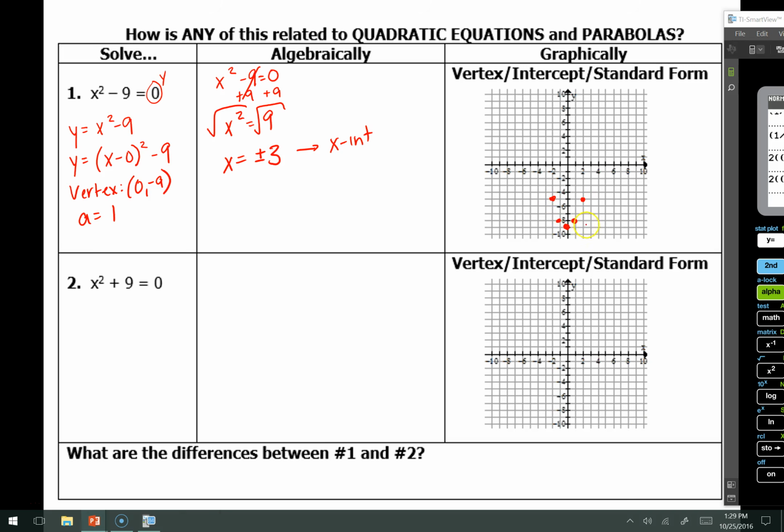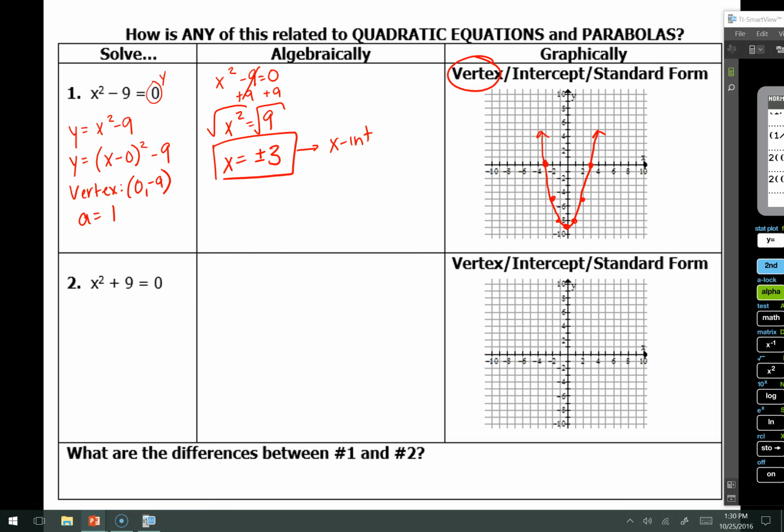If I go over 1, 2, 3 units, that means 3 squared is 9, so I'm going to go all the way up 9 units, which puts me there, and it puts me there. So notice when I draw this parabola that my x-intercepts are just like I was expecting them to be, at positive and minus 3.